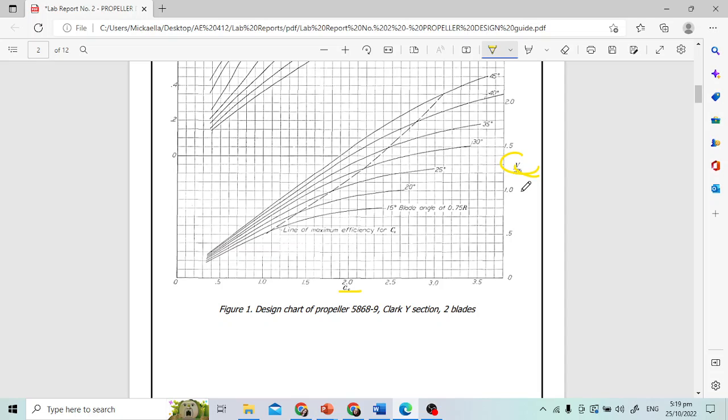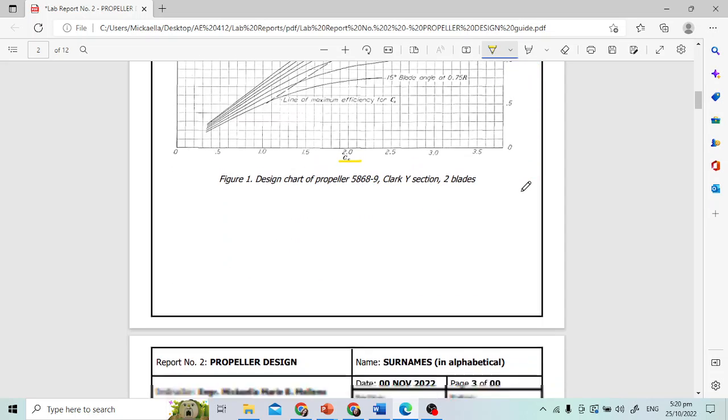Then, again, use CAD and interpolation for the exact values. So, I am assuming na lahat kayo is familiar na when using CAD and interpolation to get your values.